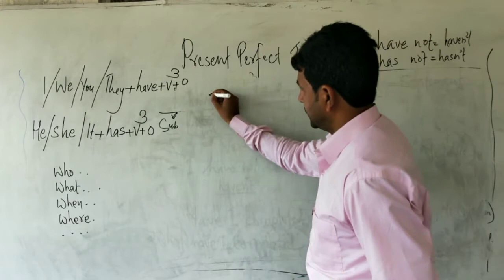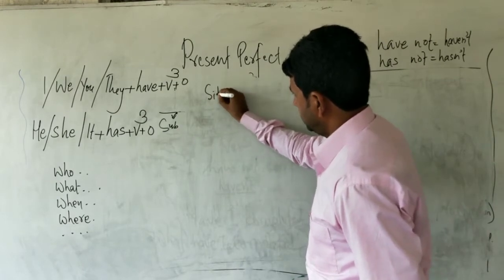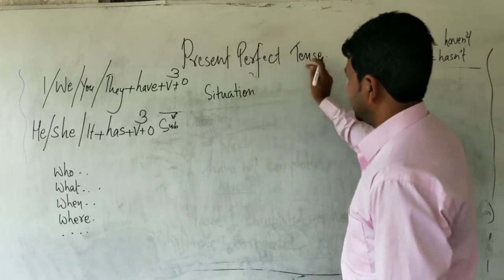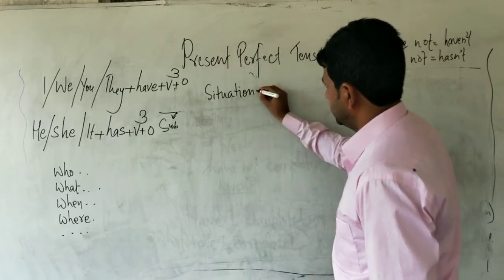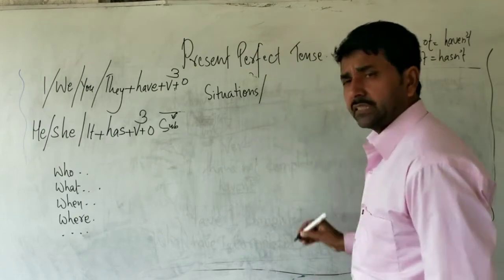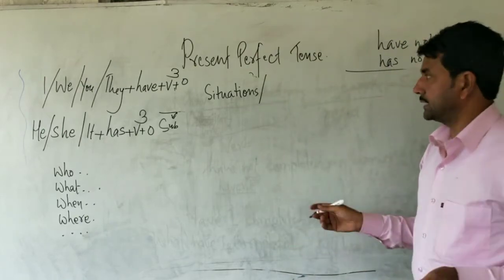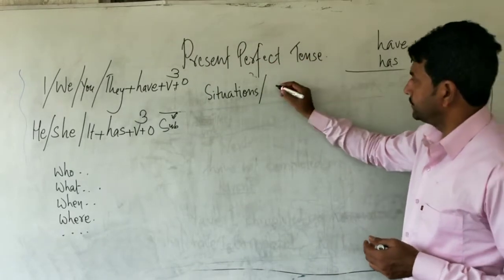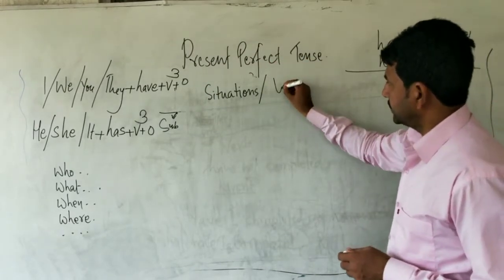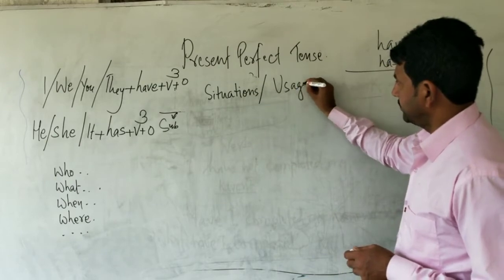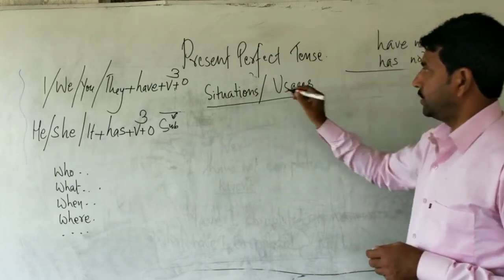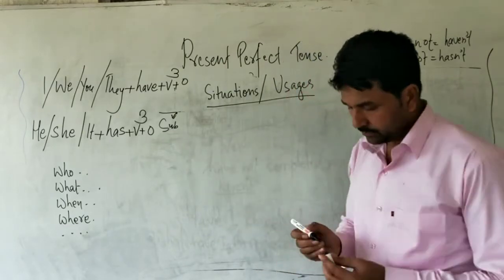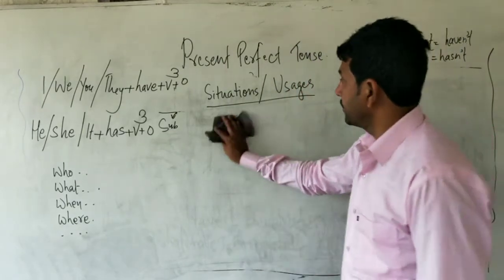One, situations in which we can use present perfect tense. Situations or context, you can say context, in which we can use present perfect tense. Usages of using present perfect tense.